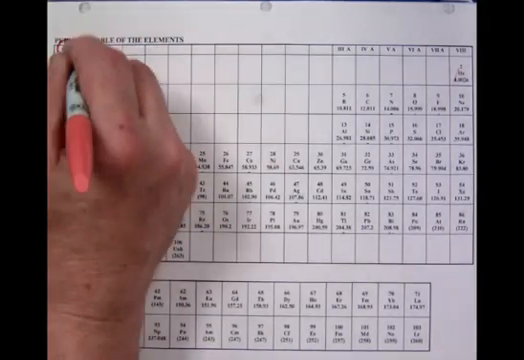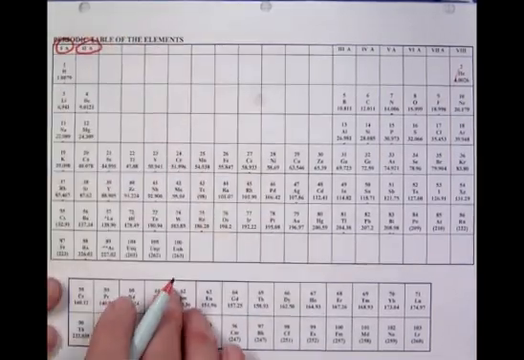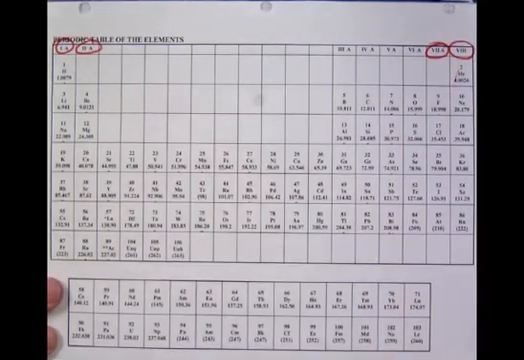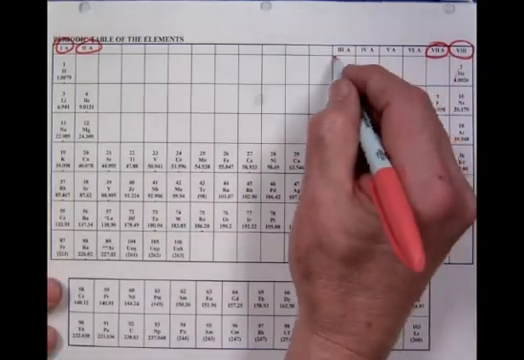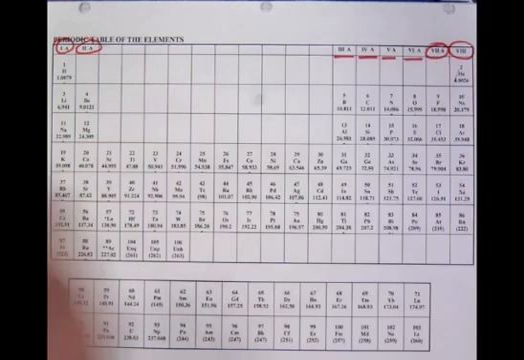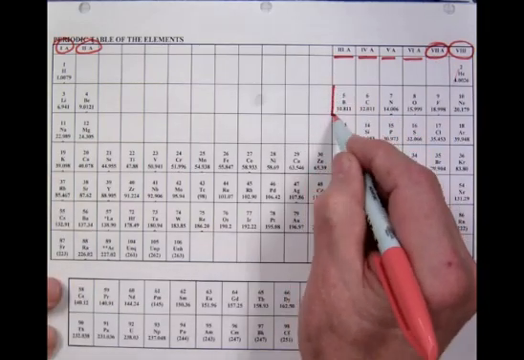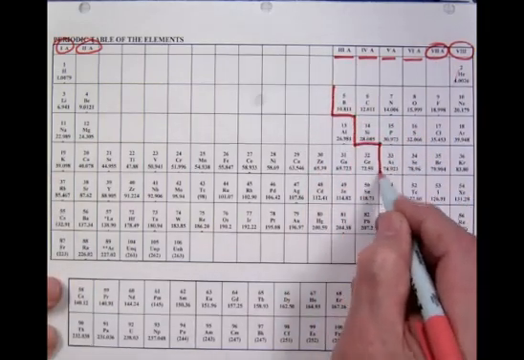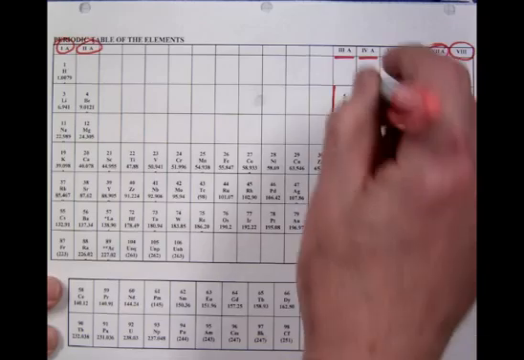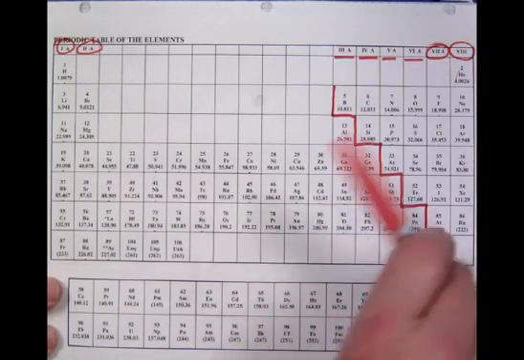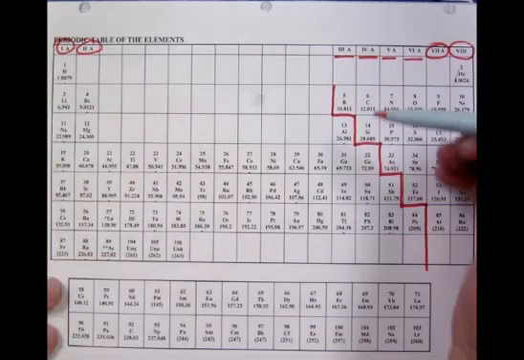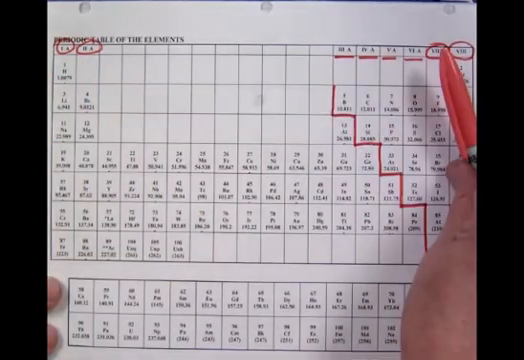Now, the groups 1A, 2A, and 7A and 8 have formal names. 3, 4, 5, and 6 do not have formal names because, and I'll explain very quickly, as you go down this periodic table, I told you everything to the left of the line is metals, and everything to the right of the line are nonmetals.